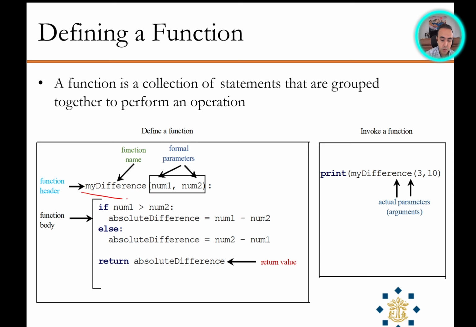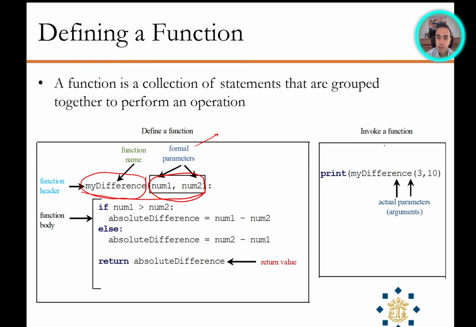All of this is the header, but we have the name and the parameters separately. So these are called formal parameters because we don't know the actual values. They are just placeholders for the actual values.